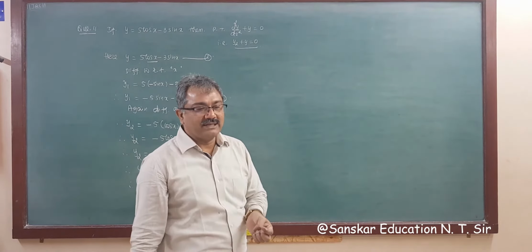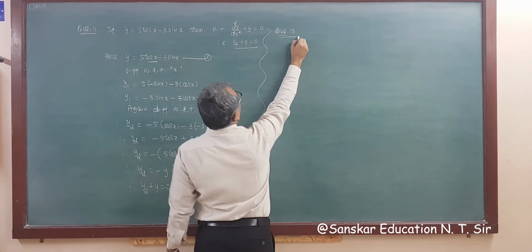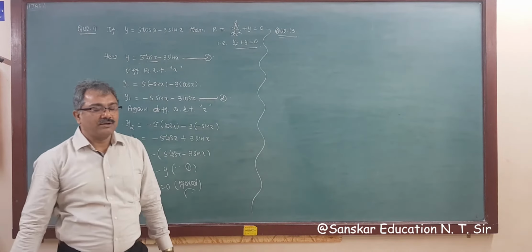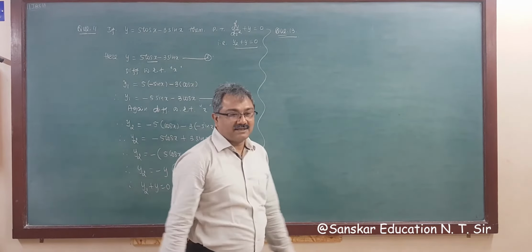Then the next question is question number 13. This is a nice example and important from your exam point of view. So given that y is equal to 3 times cos log x plus 4 times sin log x.